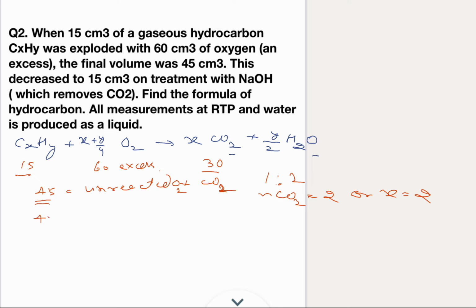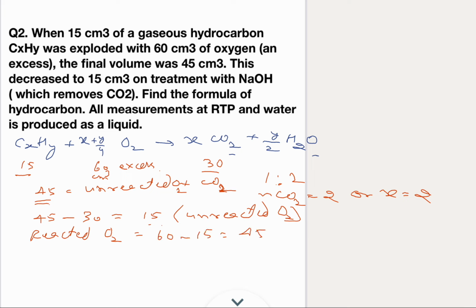We have found out the carbon dioxide, so we can find the unreacted oxygen by subtracting the volume of carbon dioxide, which was 30. So this is 15, which is the unreacted oxygen. Now we started with 60 centimeters cube of oxygen and were left with 15 centimeters cube unreacted. So therefore the amount of oxygen which reacted was 60 minus 15, or 45 centimeters cube.